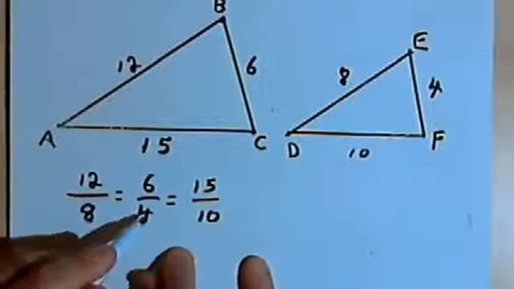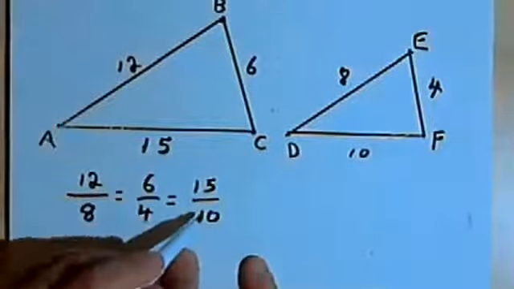Let's see if 6/4 equals 15/10. I'll cross-multiply here. I'll multiply 6 times 10, and that's 60. Then I'll cross-multiply 4 times 15, and that's also 60. So these three ratios are actually the same thing. That means the three sides are proportional.